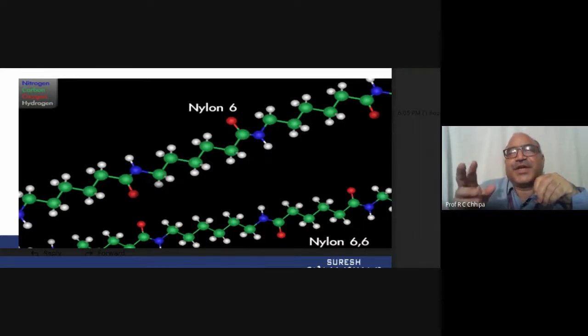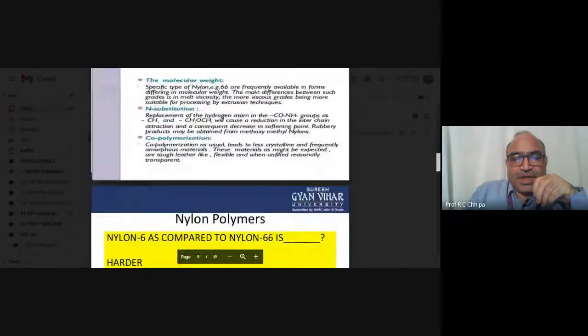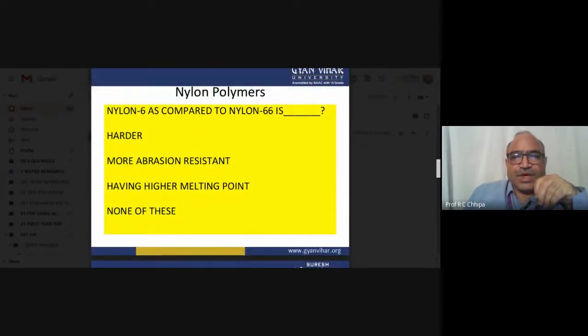So these are lubricant free ball bearings with the help of nylon 11. So nylon 6,6 and nylon 11, both, this is the question. So the answer itself is the more harder, abrasion resistant, both having high melting point, none of these.